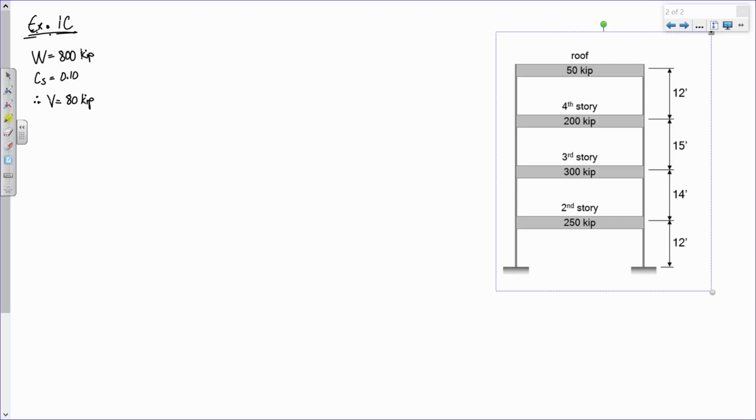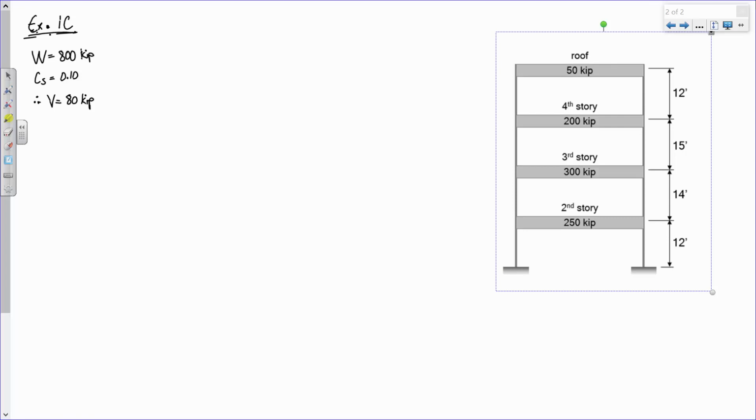So the big question is, I've got 80 kips and I've got 4 stories, the 2nd story, the 3rd story, the 4th story, and the roof. How much force needs to go on each story in order to ensure that that's distributed appropriately? Now, before we do that, we need to look at the approximate period of vibration.